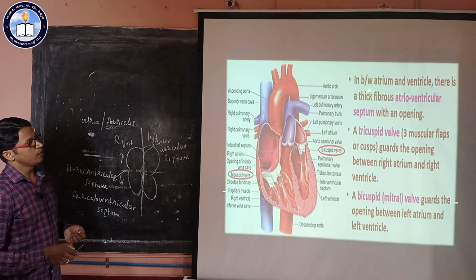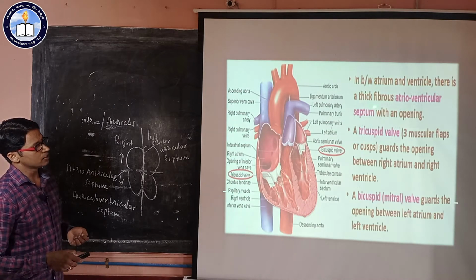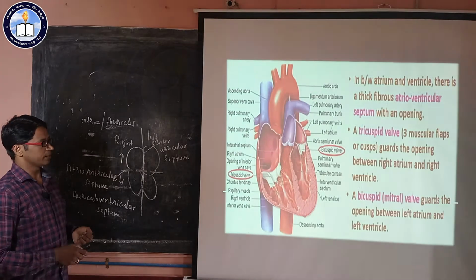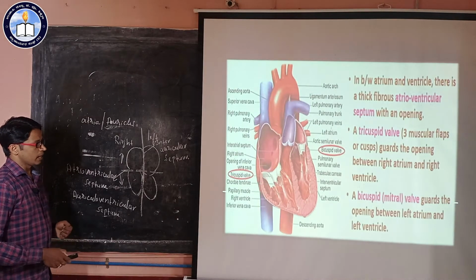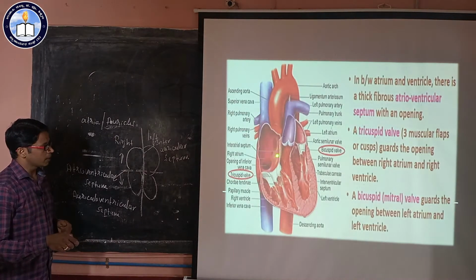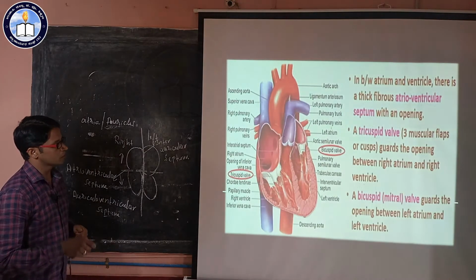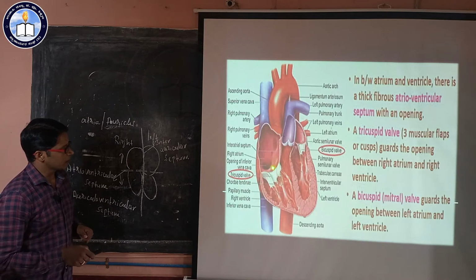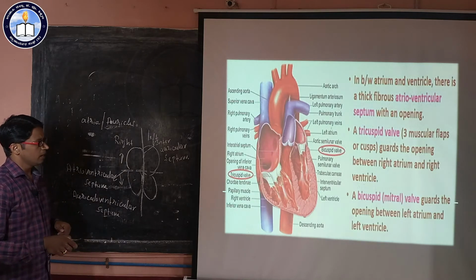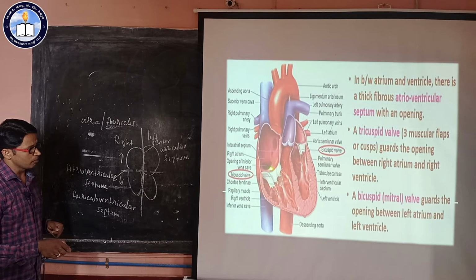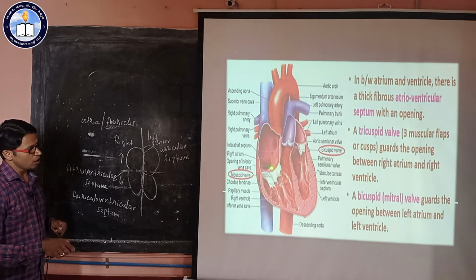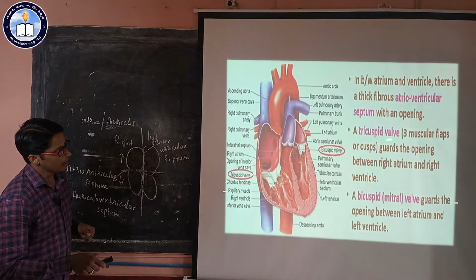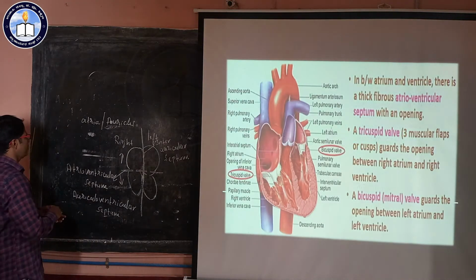So in between the atrium and the ventricle there is a thick fibrous atrioventricular septum with an opening. ಸೊ ಹಾಗಾದ್ರೆ ಇಲ್ಲಿ ನಾವು ಓಪನಿಂಗ್ ನೋಡಿದಾಗ ನಮ್ಗೆ ಏನ್ ಗೊತ್ತಾಗುತ್ತೆ, ರೈಟ್ ಪಾರ್ಟ್ ಅಲ್ಲಿ ಒಂದು ಓಪನಿಂಗ್ ಇದೆ, ಲೆಫ್ಟ್ ಪಾರ್ಟ್ ಅಲ್ಲೂ ಸಹ ಒಂದು ಓಪನಿಂಗ್ ಇದೆ. ರೈಟ್ ಆಟ್ರಿಯೋವೆಂಟ್ರಿಕ್ಯುಲಾರ್ ಸೆಪ್ಟಮ್ ಅಲ್ಲಿರೋ ಓಪನಿಂಗ್ ಅನ್ನ is guarded by a valve called as tricuspid valve.